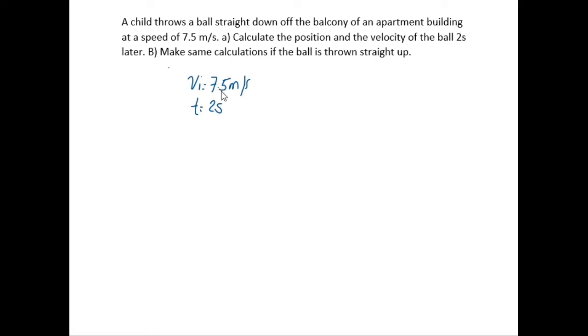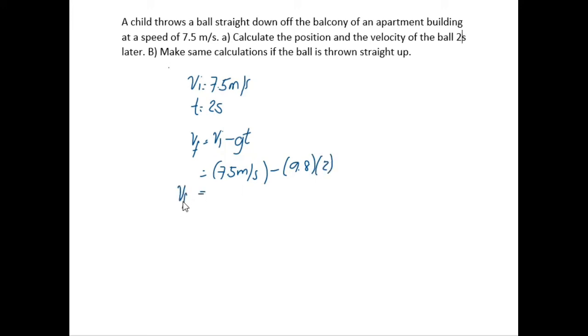So we are looking for the position and velocity after 2 seconds. Let's solve for the final velocity: VI minus GT. The initial velocity is 7.5, so we have 7.5 meters per second minus 9.8 times the time, 2 seconds.